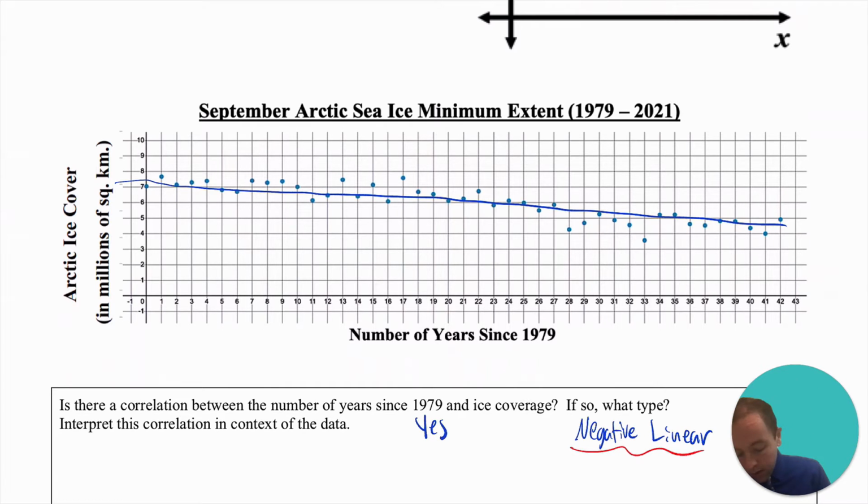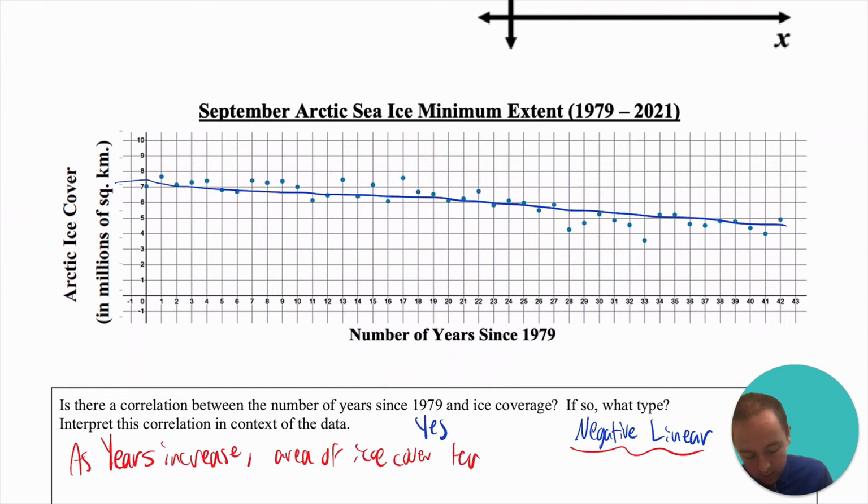So in this regard, we can say that as years increase, because that's your x variable, the y variable, which is area, the area of ice cover tends to decrease. And that's an overall trend. Does it follow it from one year to the next? Not always. But over these 40-some years, we definitely see that tendency over time.